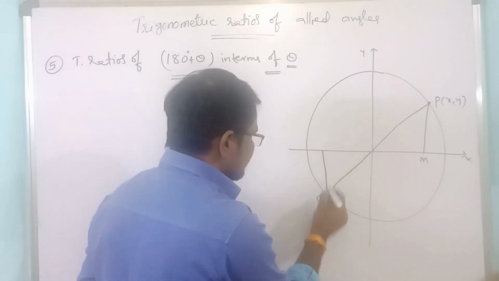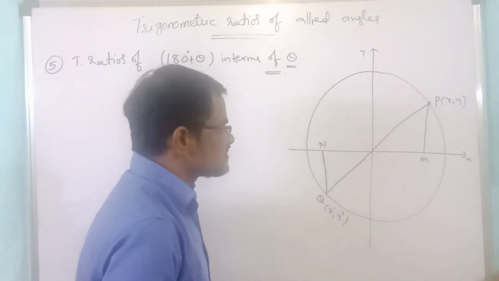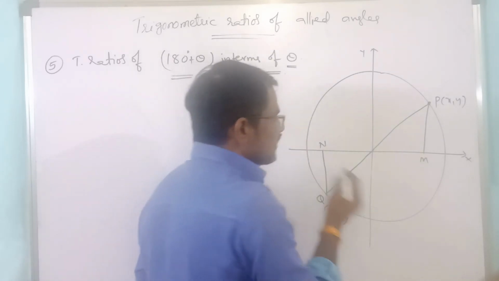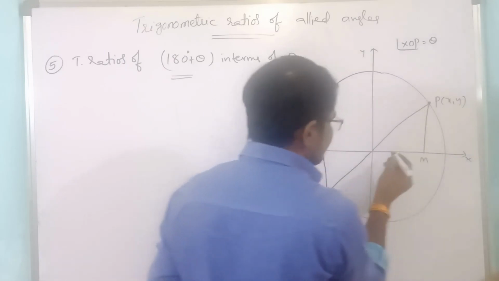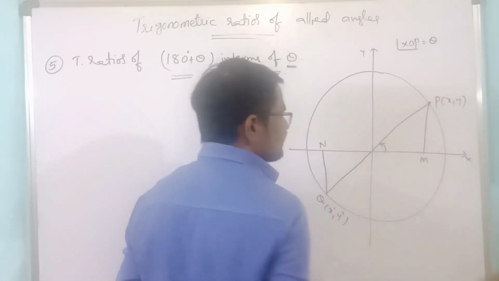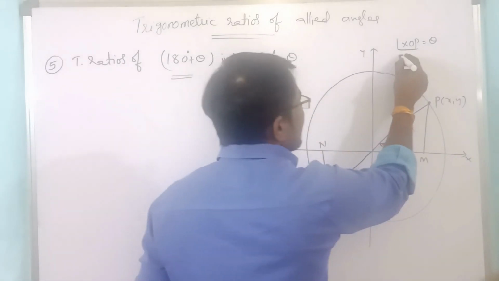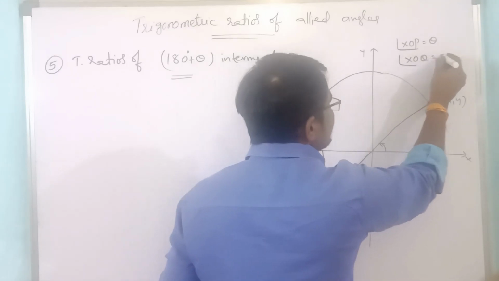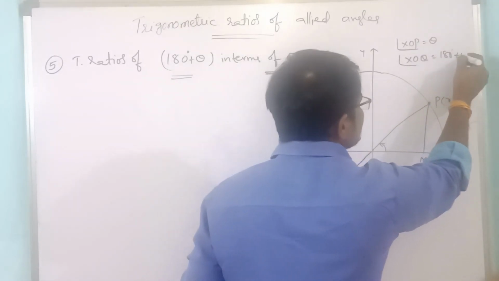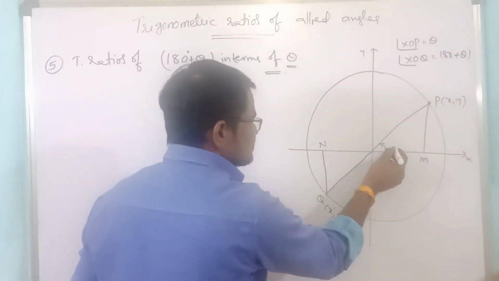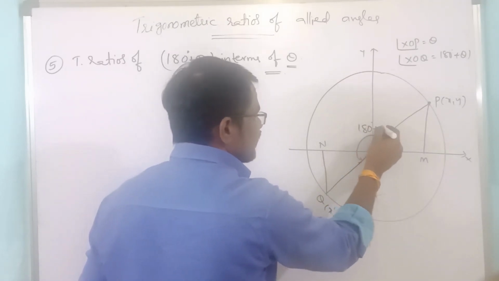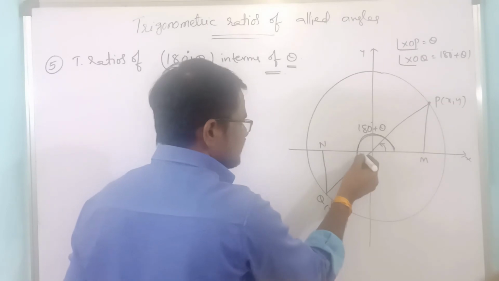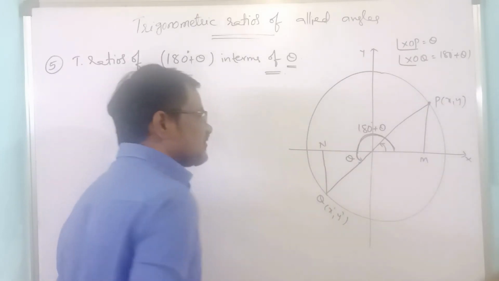Draw QN perpendicular to the x axis. Here take angle XOP equal to theta, and angle XOQ is 180 plus theta. So this is 180 plus theta.